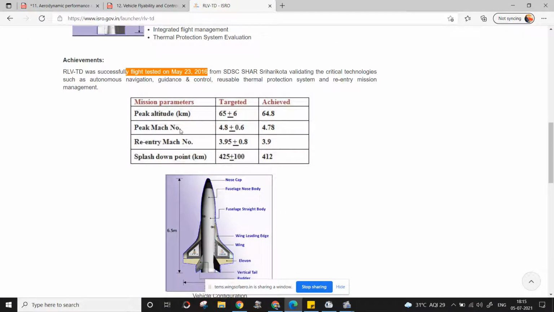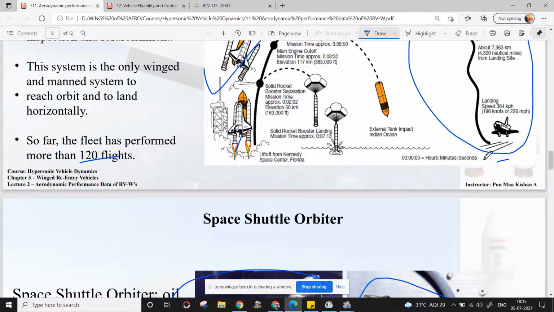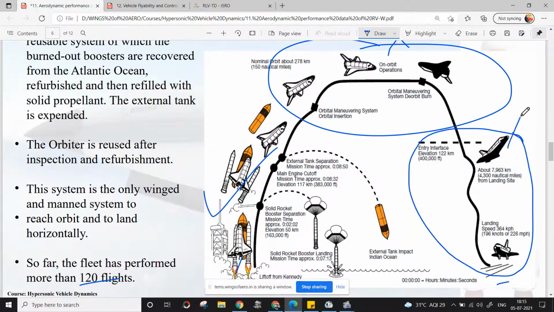The peak Mach number attained by ISRO's RLV is around 4.8, which is near to hypersonic speed, not exactly hypersonic. We can call that high supersonic speed. The peak Mach number attained by ISRO's RLV is 4.78, whereas the space shuttle orbiter attains a Mach of 30.